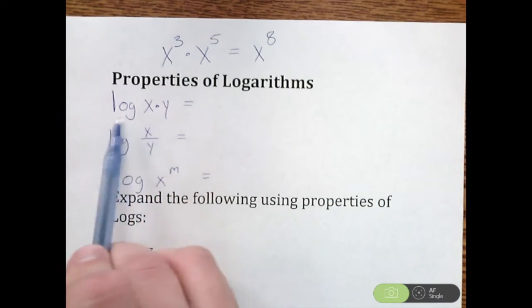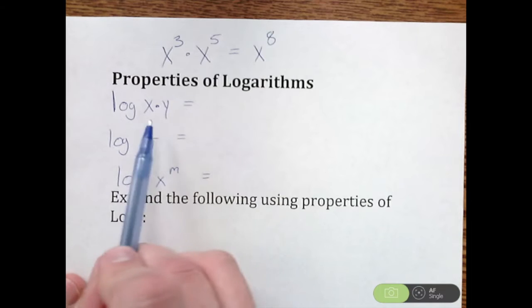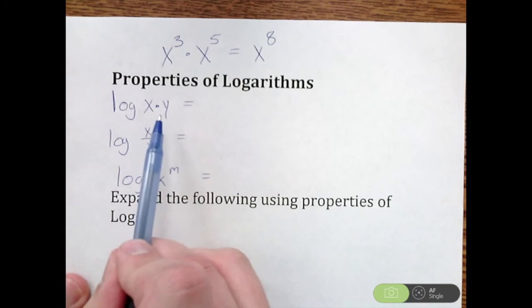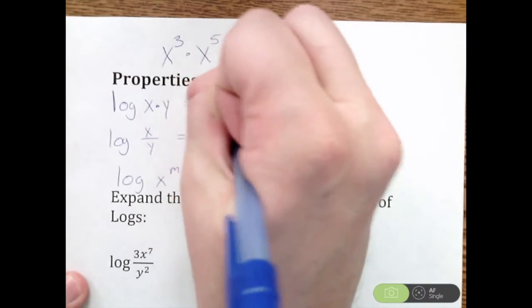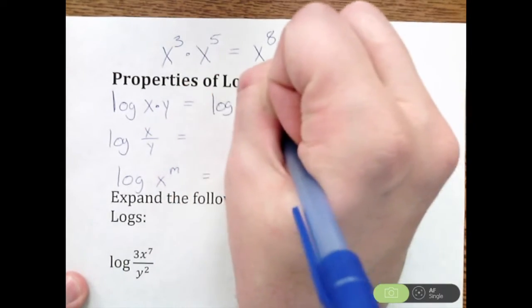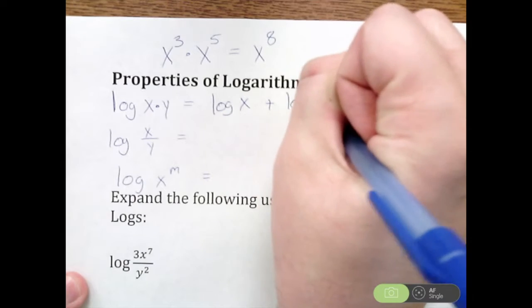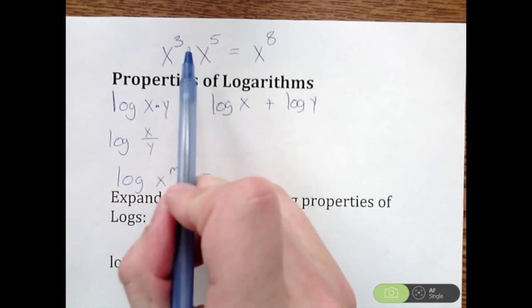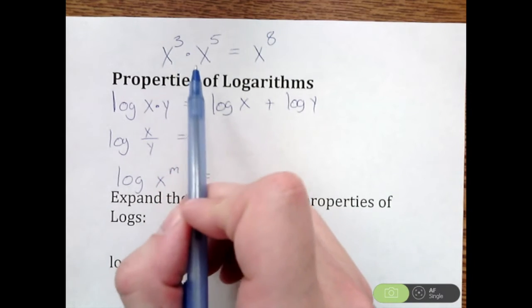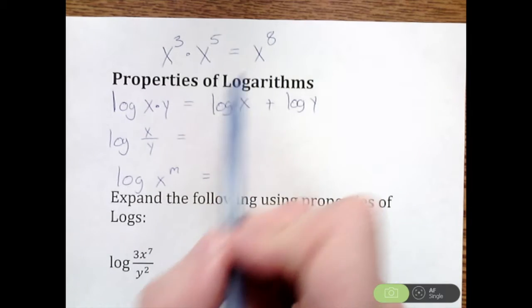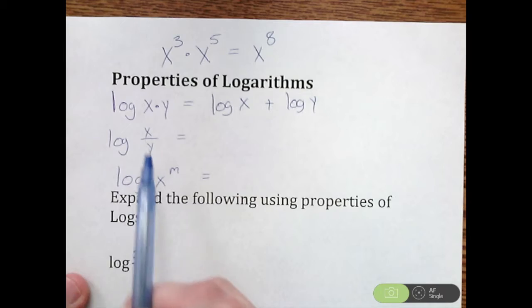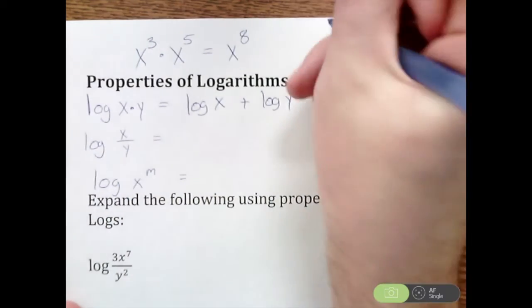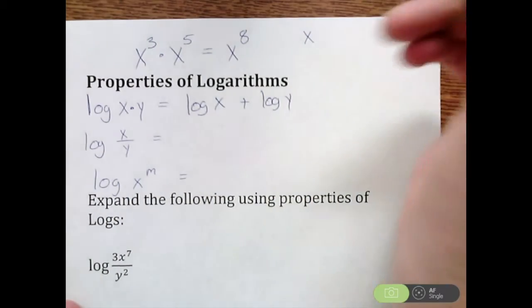So the 3 and 5, we added them together and got 8. When you're multiplying, you add the exponents. Well, guess what? The same thing happens with logs. If you have log of x times y, just how earlier we added the exponents, same thing here: we're going to have log of x plus log of y. Another example: if we have log of x divided by y, let's talk about what happened with properties of exponents when dividing.